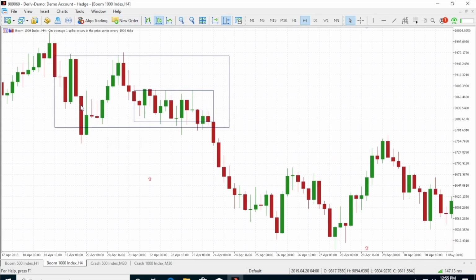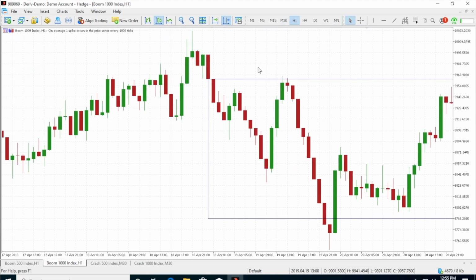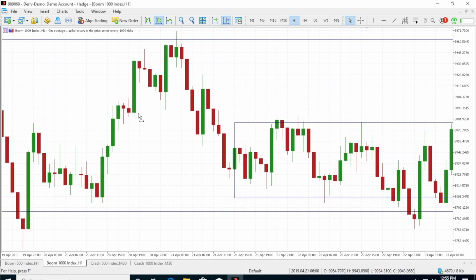Exactly, the market is swinging inside this large box. Then we have the smaller box. The market decided to break here from the smaller box, but you don't have to take a trade right there. You have to wait for the larger box also to be broken. So let's get back to 1 hour for the sniper entry.